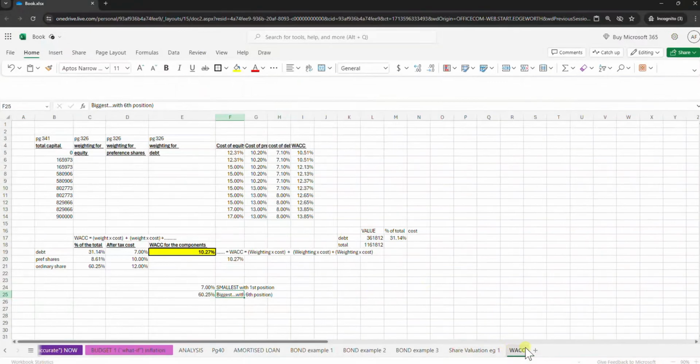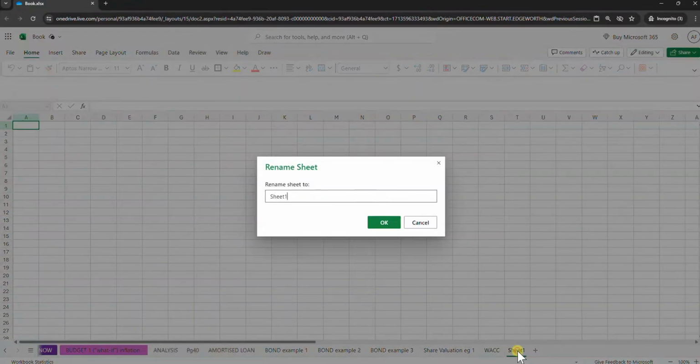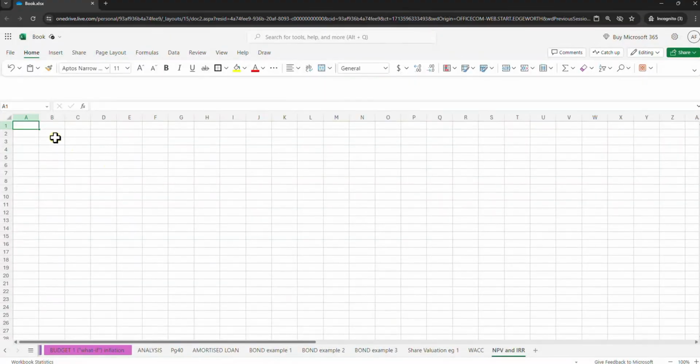All right, so last bit of NPV and IRR. Okay, so you've got period A, B, C. Negative 1,000.